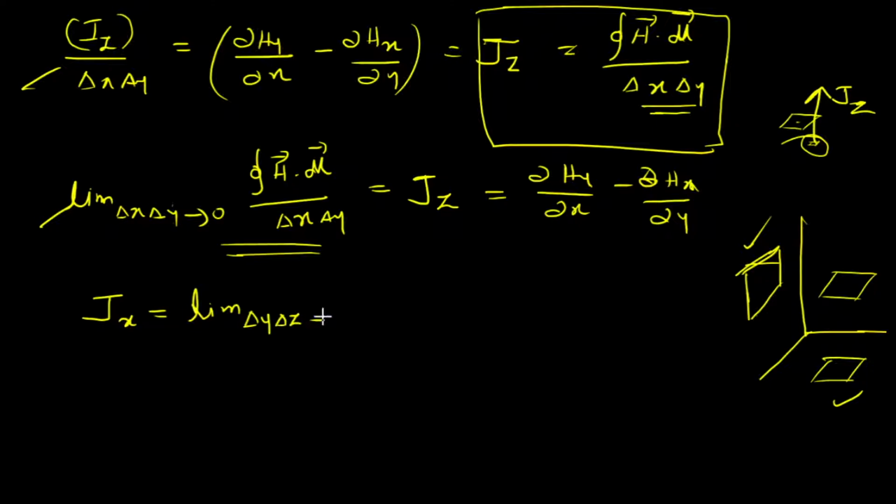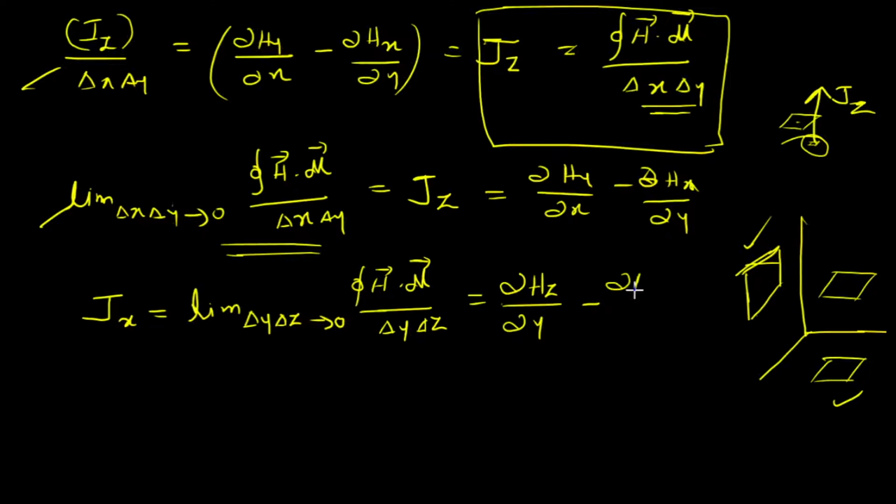So when this is very small, closed integral H dot dl by delta y delta z will give me Jx, which is nothing but variation of z component of H along y direction minus variation of y component of H along z direction.